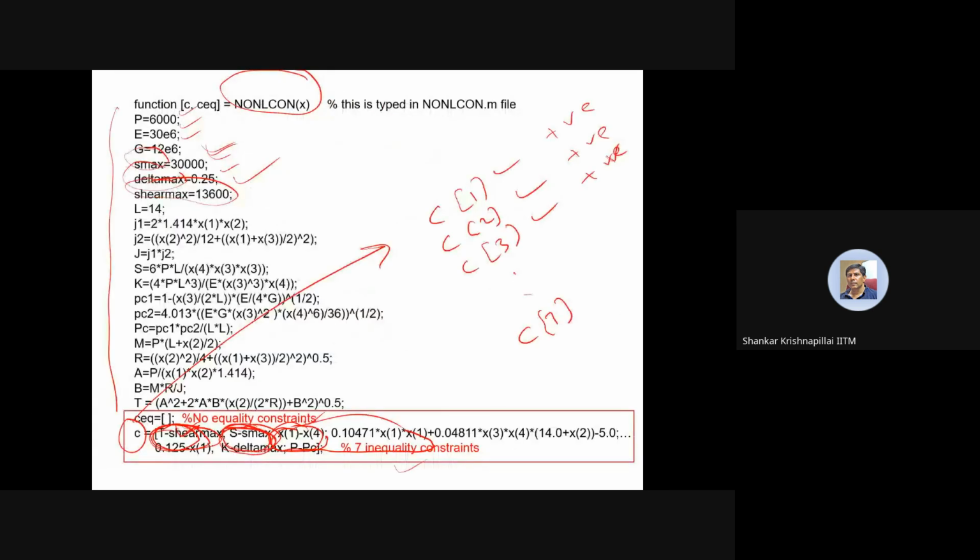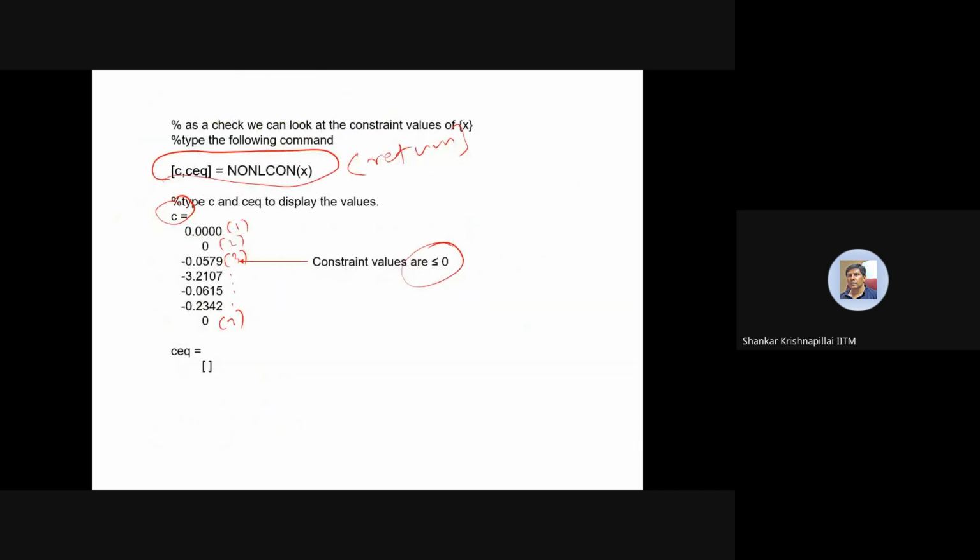Okay, so it is right. It should be less than or equal to 0. Earlier I mistakenly said it should be greater than or equal to 0. It should be less than or equal to 0. Okay, so this is the final check for the constraint violations.